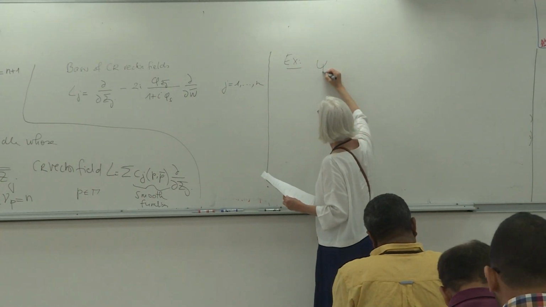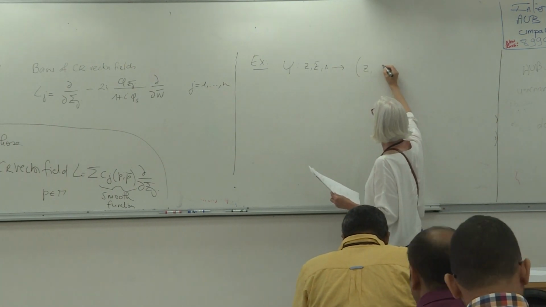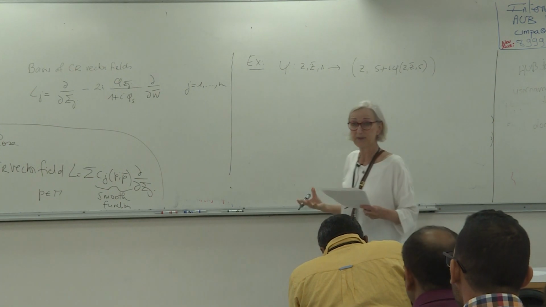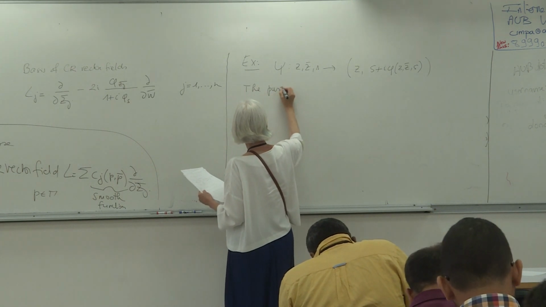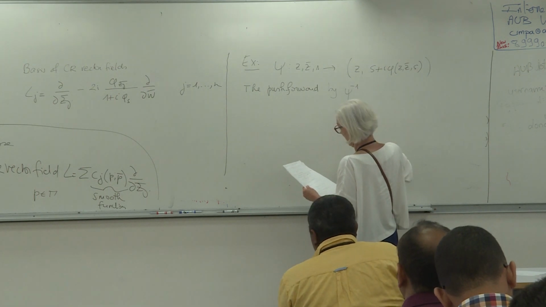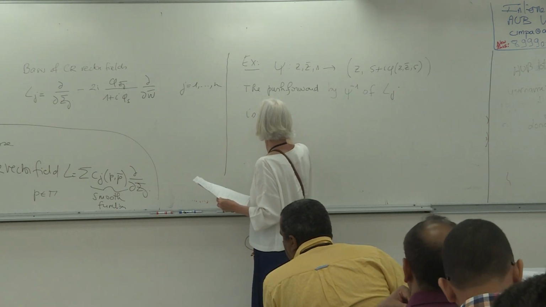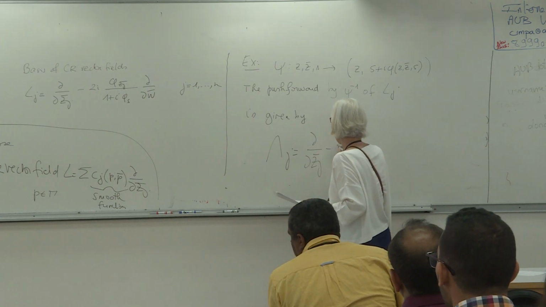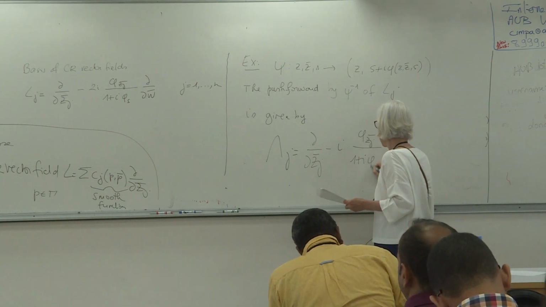If you consider psi, (z bar, s) goes to (z, s plus i phi(z, z bar, s)), this is a parametrization, and you can check the push forward by psi minus 1 of this L_j is given by lambda_j, which is d/dz_j bar minus i phi_{z_j bar} over 1 plus i phi_s d/ds.